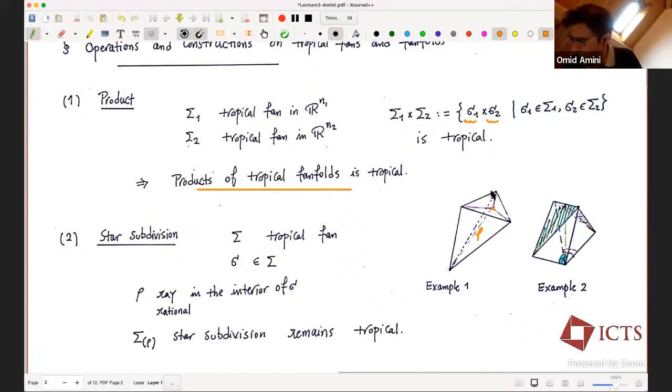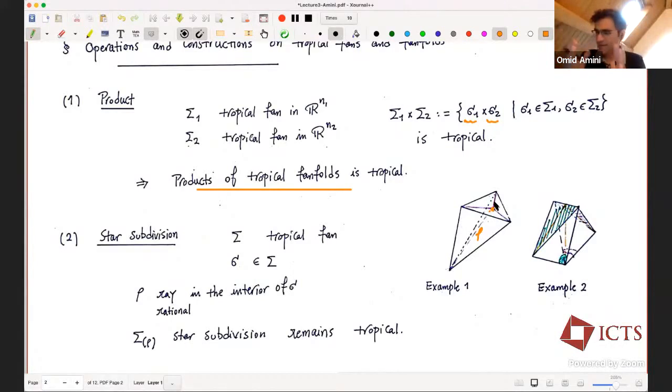So in order to do this, first of all, if you take this ray and any ray of this three-dimensional cone, they have to form a two-dimensional cone. Then you have formed the three new two-dimensional cones, which are exactly the ones generated by this orange ray and all the rays which were already present.